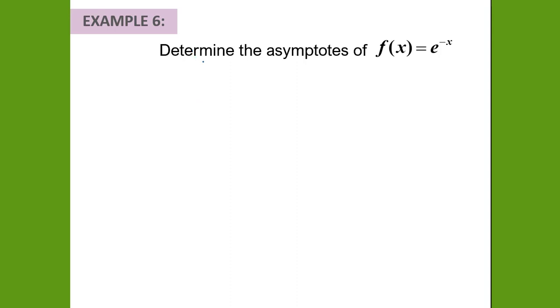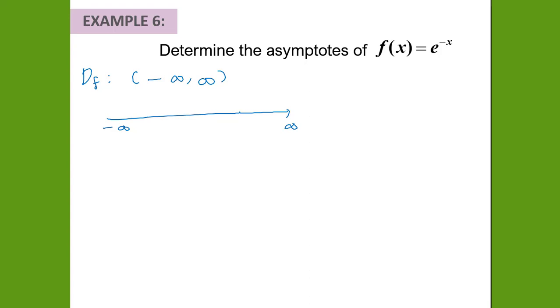Example 6. Determine the asymptotes of f(x) equals e to the power of negative x. The domain for an exponential is always all real numbers, from negative infinity to infinity. So transfer to a number line, negative infinity to infinity.